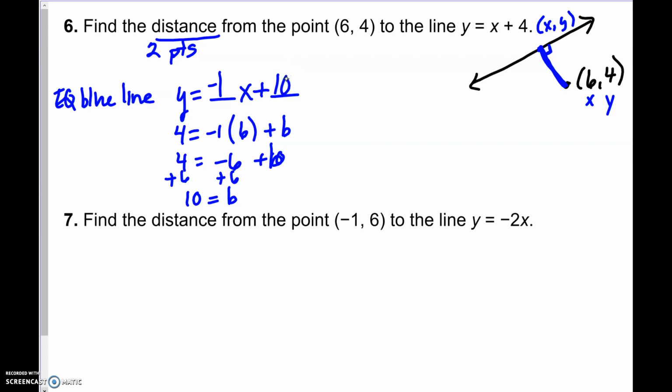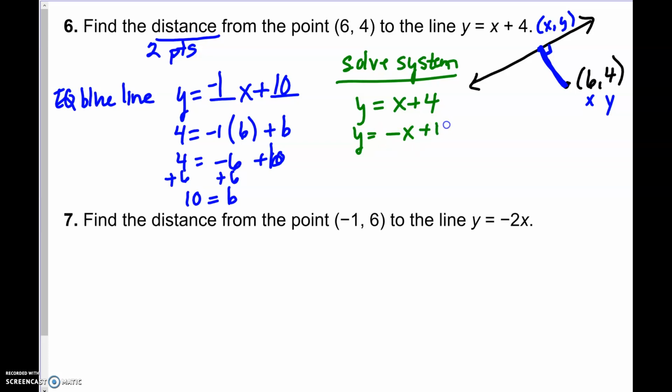All right, so now I have the equation of the black line and the blue line. So what I'm going to do now is solve a system in order to find the ordered pair, the point that they have in common. So I have y equals x plus 4, and I have y equals minus x plus 10.